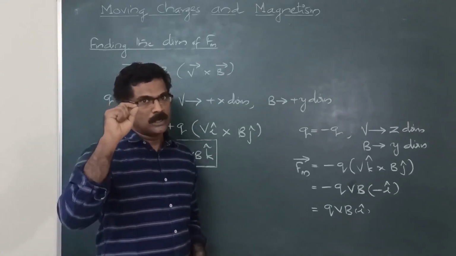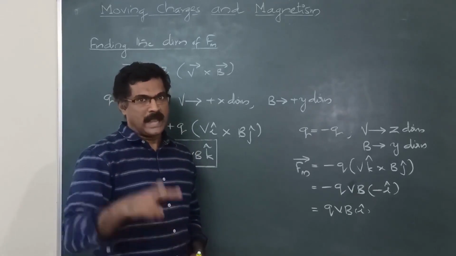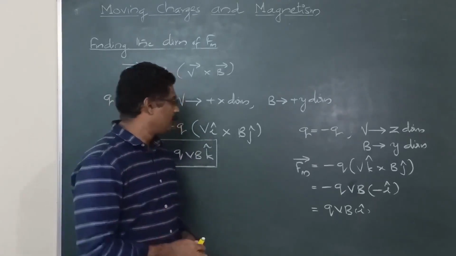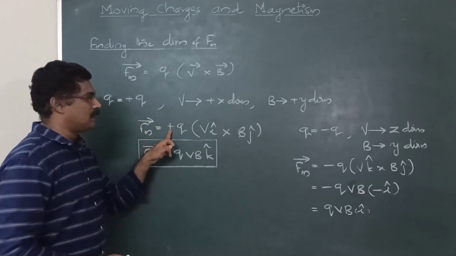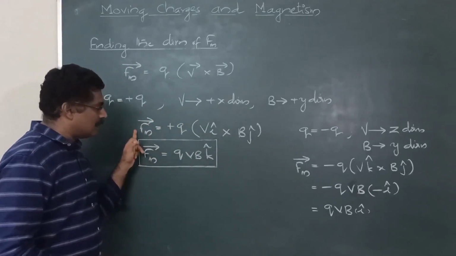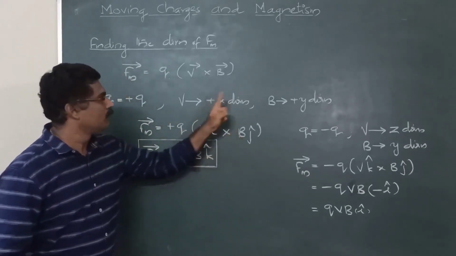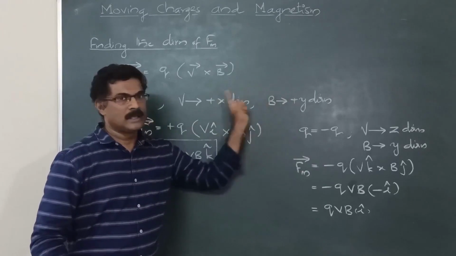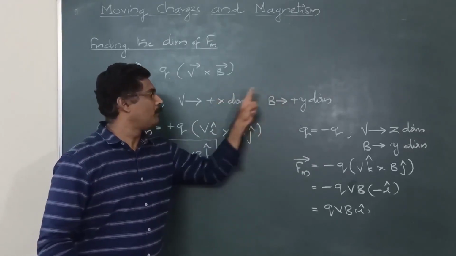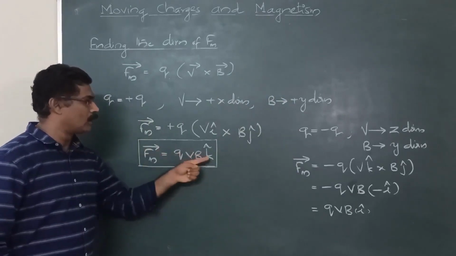This is one method to find the direction of the magnetic Lorentz force. Remember, while you are calculating, put the sign of the charge. And here is one more idea. If the charge is positive, the magnetic Lorentz force is parallel to v cross b. Is it correct? What is v cross b? Here v is along x and b along y, i cap cross j cap is z. Then what is the direction of the magnetic Lorentz force?